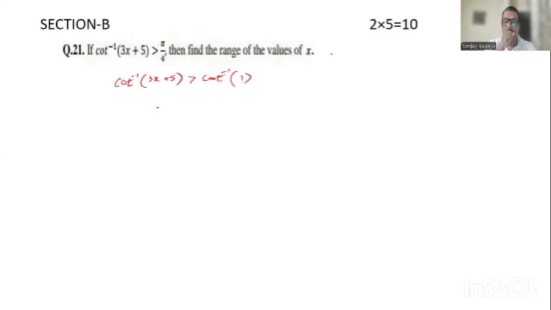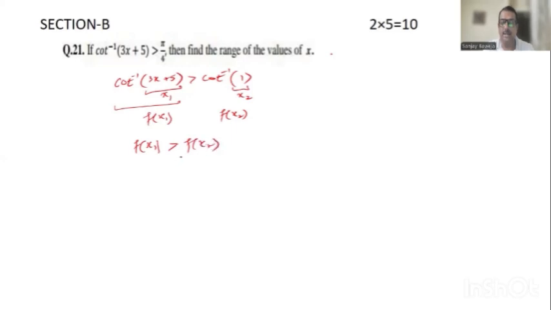Now, consider this as x1 and this as x2. So it is clearly whole function on the left hand side is f(x1) and whole function on the right hand side is f(x2). And it is very clear that f(x1) is more than f(x2).